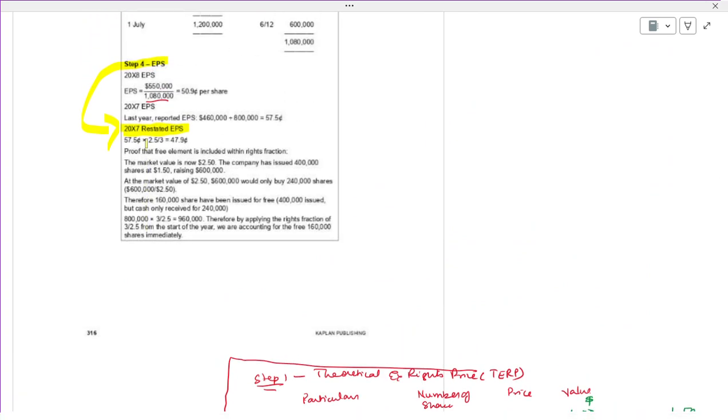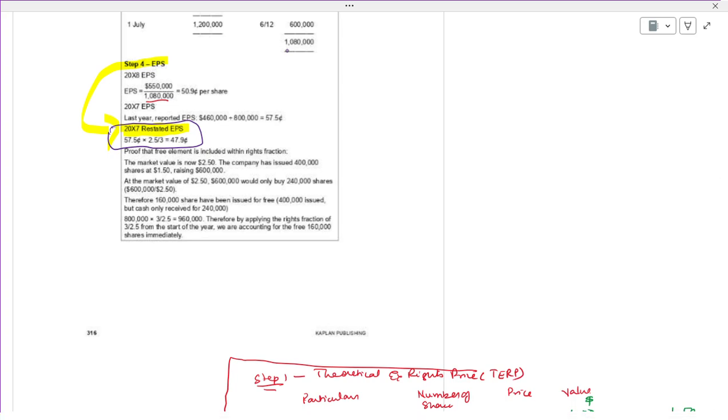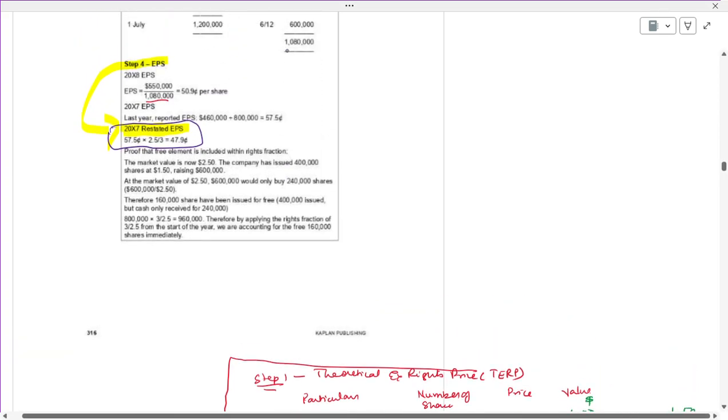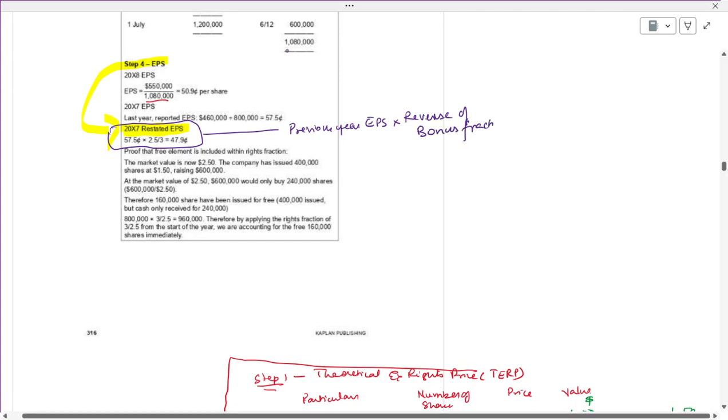They have taken the previous year EPS times the reverse of bonus fraction. I will write previous year EPS times reverse of bonus fraction.